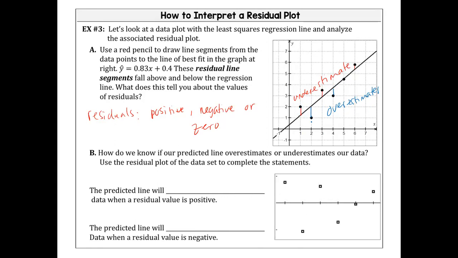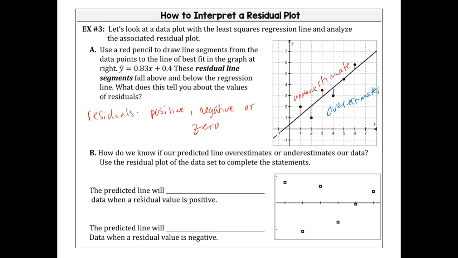So the actual values are the points, right? And this is our regression line. So if it's above the regression line, then the residual is going to be an underestimate. If it's below the regression line, then the residual is going to be an overestimate. Okay. All right.